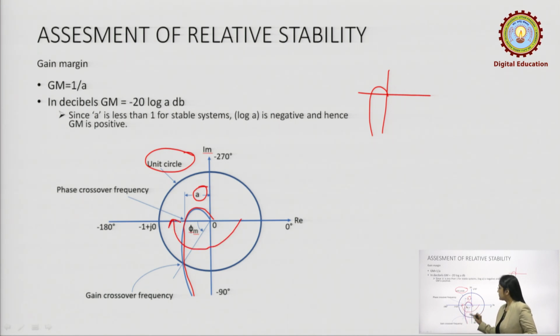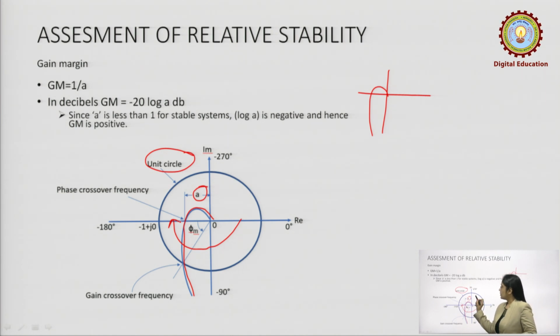So the phase angle is minus 180 degrees and the magnitude of G(j omega)H(j omega) at that point is A. This is the magnitude at angle equal to minus 180 degrees.